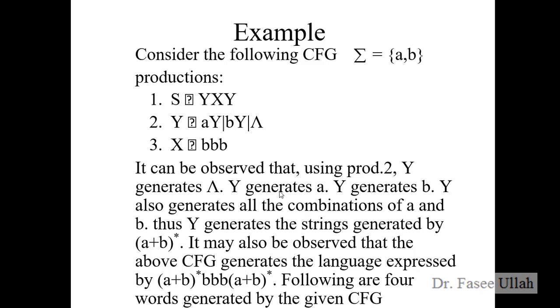So in one we have non-terminal S is equal to three symbols, that is Y X Y. Further we have the definition of Y and X, and in rule 2 we have the definition: Y, a non-terminal, is equal to terminal a Y non-terminal concatenation b Y non-terminal concatenation empty.